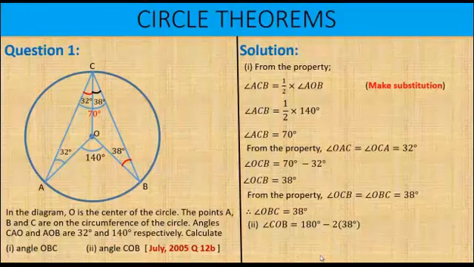So 2 times 38 degrees gives us 76 degrees, and we subtract from 180 degrees. Therefore, angle COB equals 104 degrees. So the two questions have been answered, and I hope it's very simple.